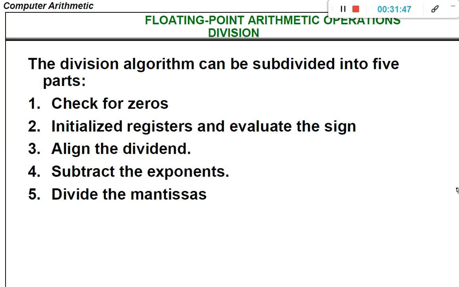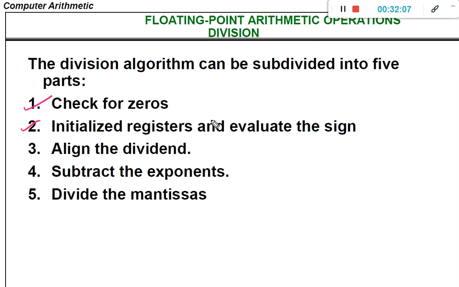And finally, to perform the floating point arithmetic division operation, the division algorithm can be subdivided into 5 parts. Initially check for zero values in the registers, then step 2, initialize registers and evaluate the sign.